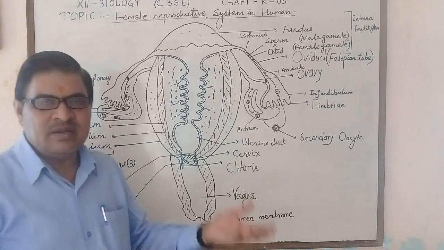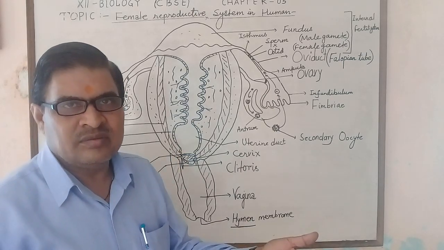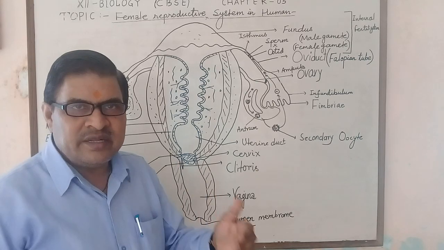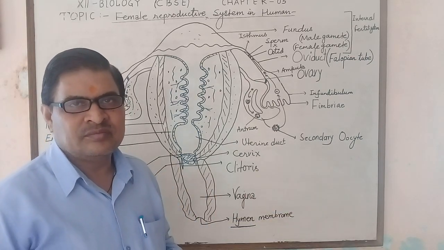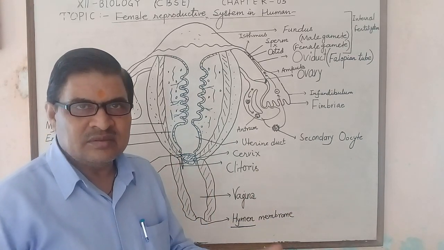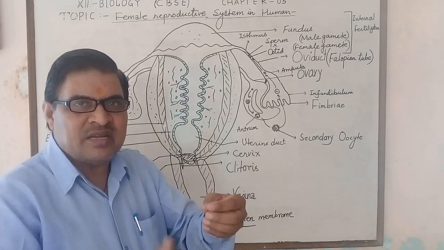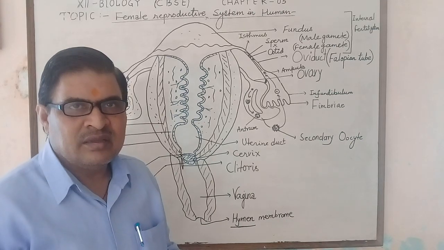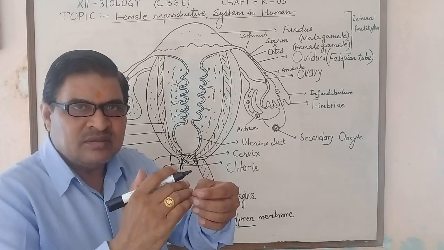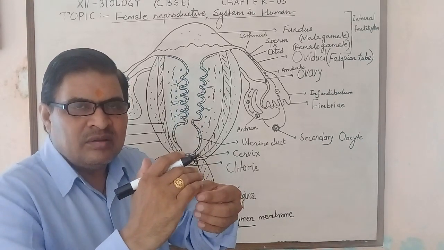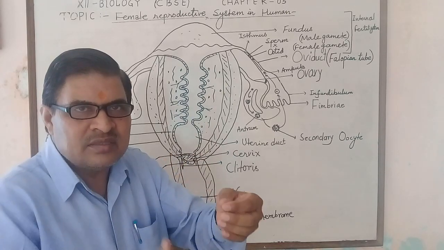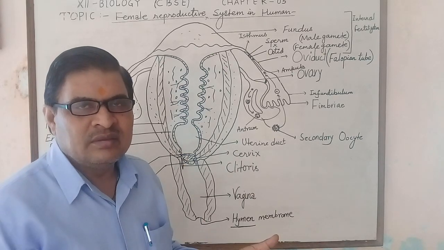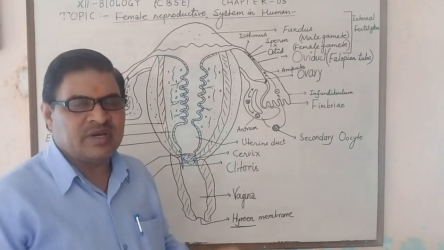Primary Graafian follicle later on develops into secondary Graafian follicle, in which two membranes are present. I mean to say, if one membrane covers the primary Graafian follicle, again this is called secondary Graafian follicle.